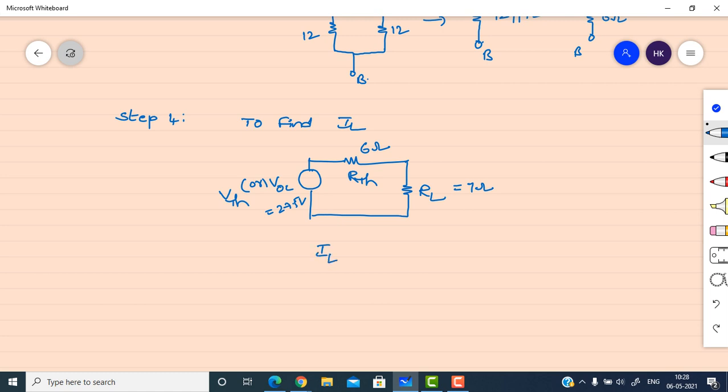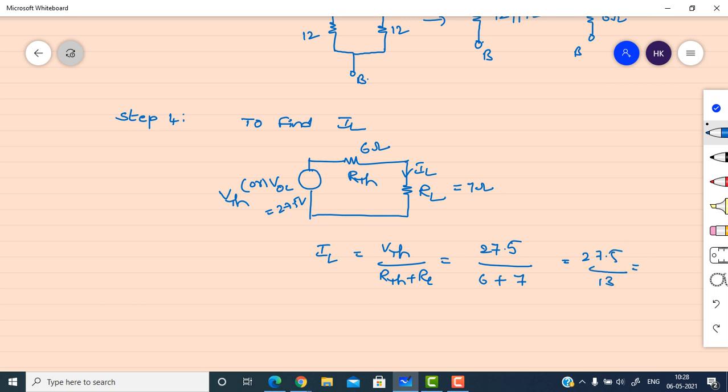Now IL means the current passing through this resistor we have to find. IL is equal to VThevenin by RThevenin plus RL. So VThevenin is 27.5 by RThevenin 6 ohms plus RL 7. 27.5 by 13.